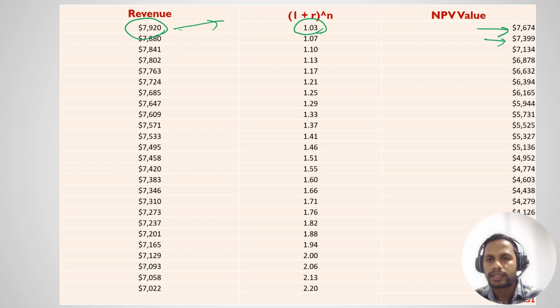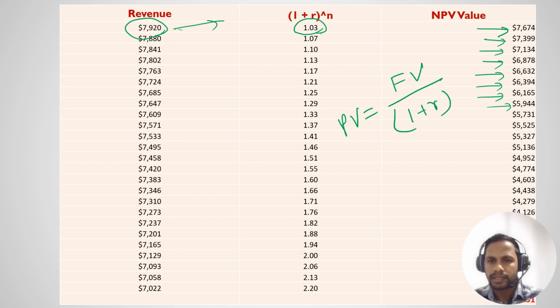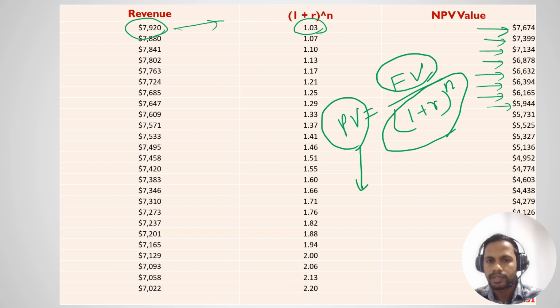So for each revenue, I converted it to the present value in the Excel sheet. Simply, the present value equals the future value divided by 1 plus R to the power n. You can put this in one column, the entire term in one column, and this becomes the result.